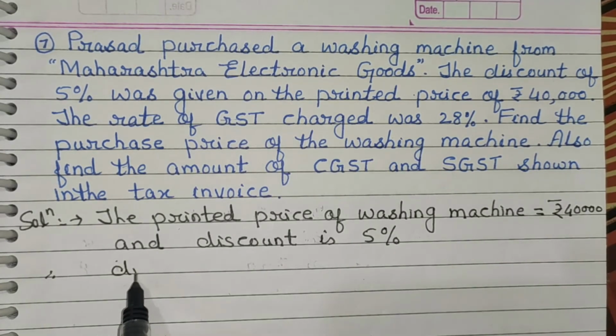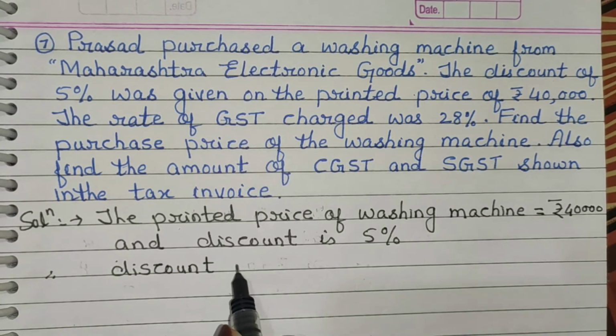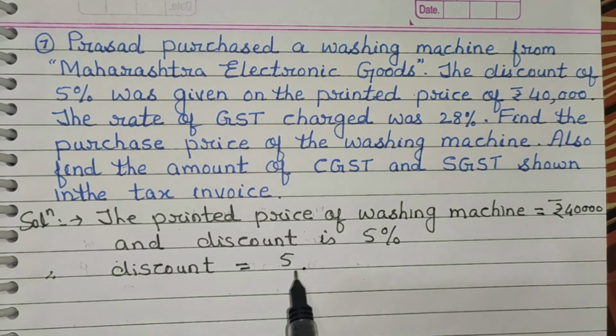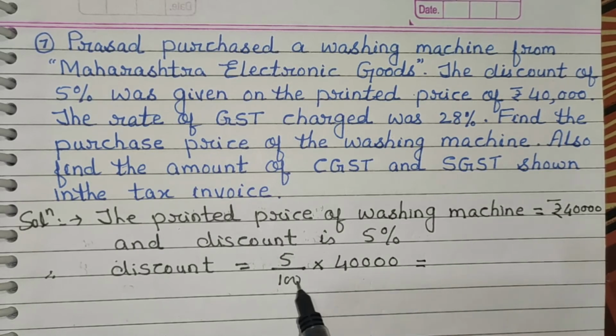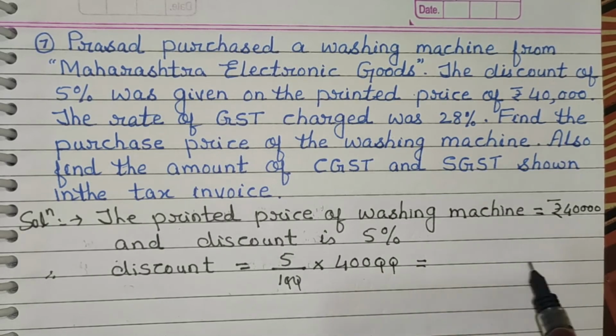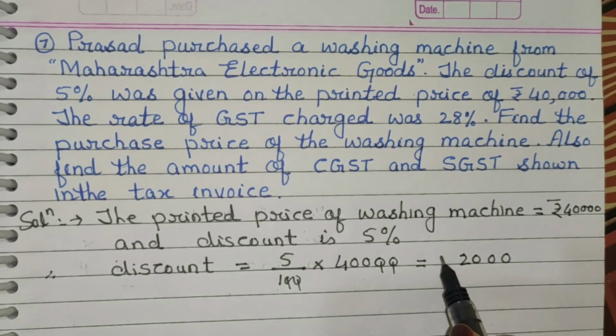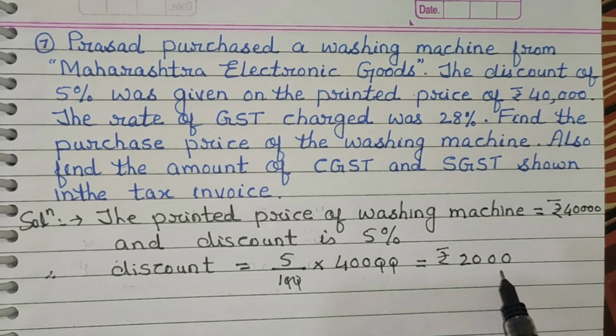First find out the value of discount. Discount is equal to rate of discount 5 upon 100 into 40,000. 20 cancel, 5 4s are 20. Now we get here rupees 2000.